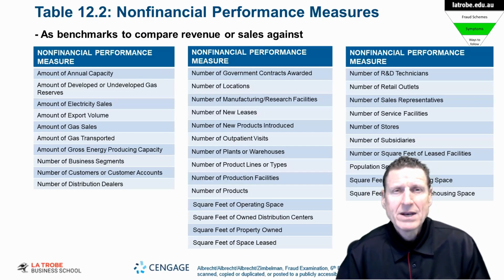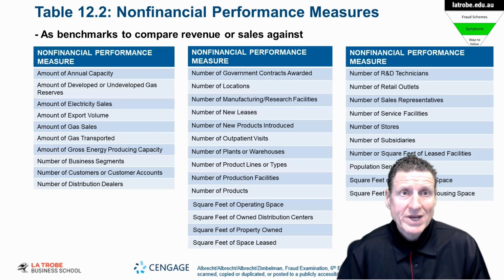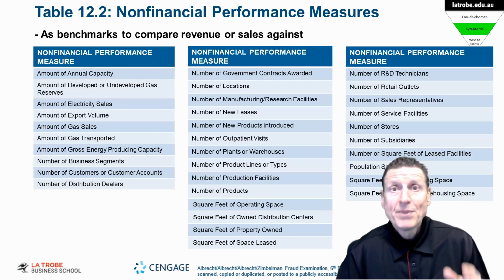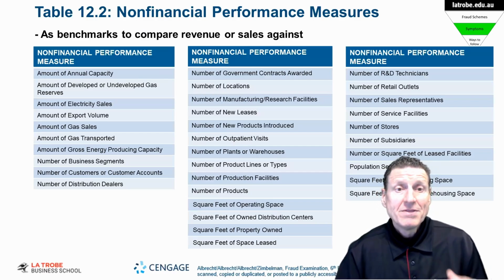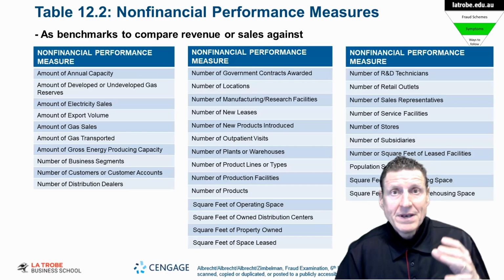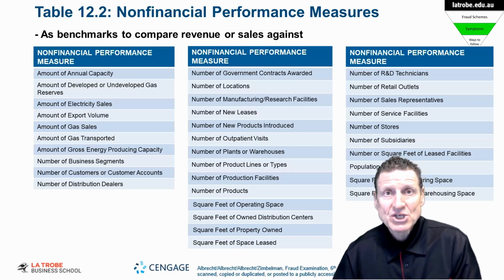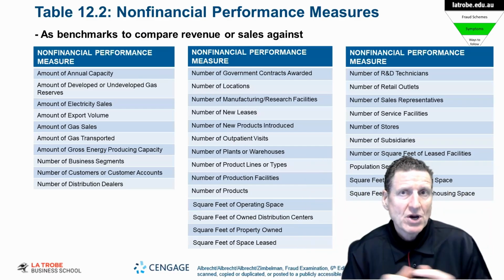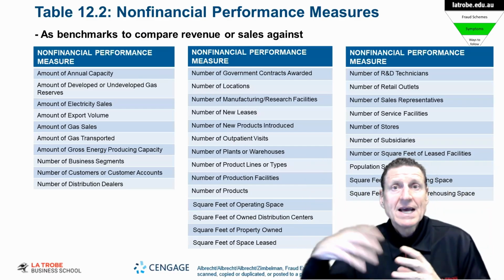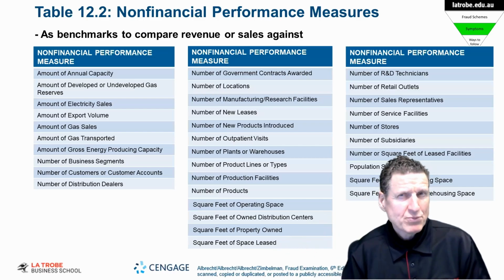So you could have a look at, okay, in a particular industry, what is the sales per square foot of retail space. And then if the amount of retail space hasn't changed from period to period and sales has doubled, then something is strange, all right? The sales per square feet has doubled, which is pretty strange.